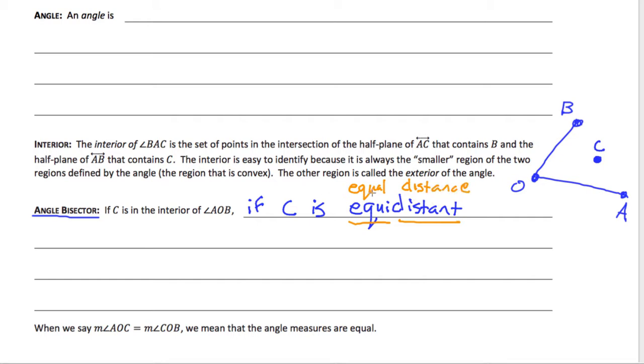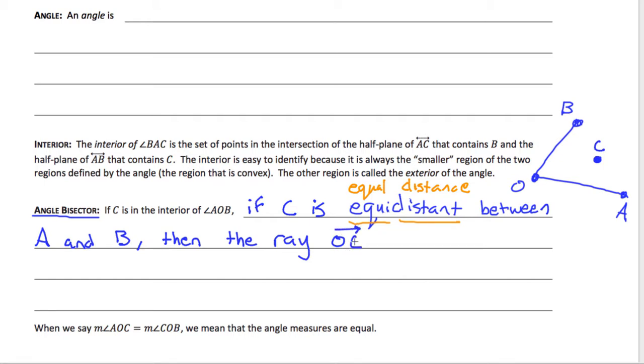If C is an equal distance between A and B, then the ray OC, not OG, but OC.